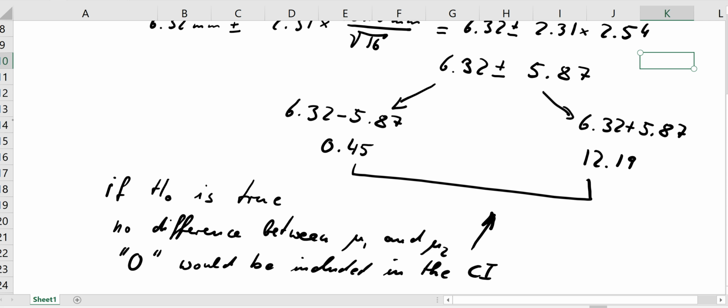Now we see that 0 is not included. 0 would be located around here. So 0 is not included.